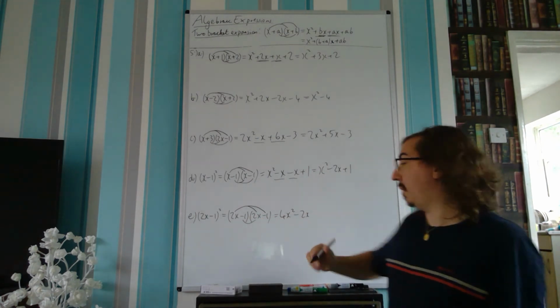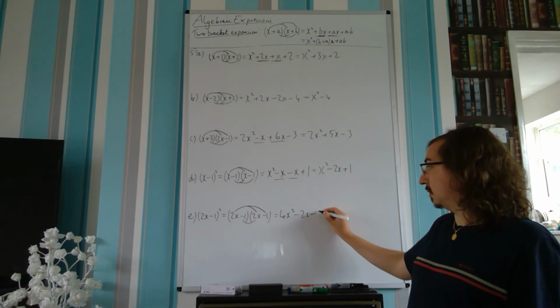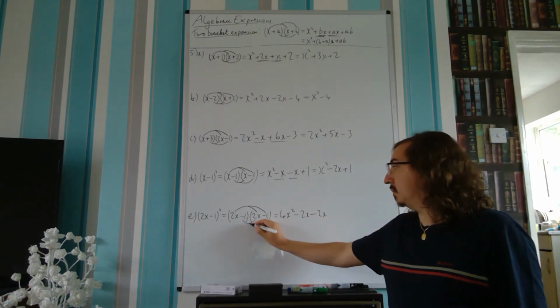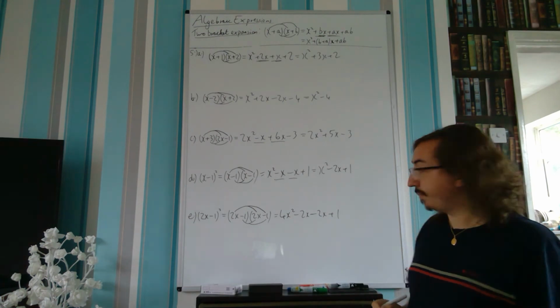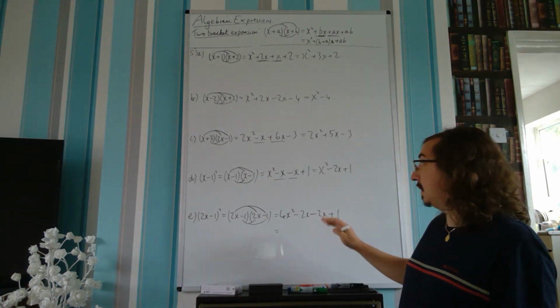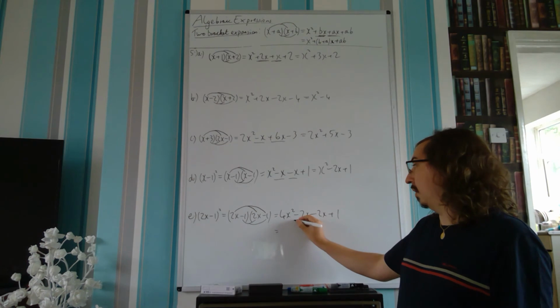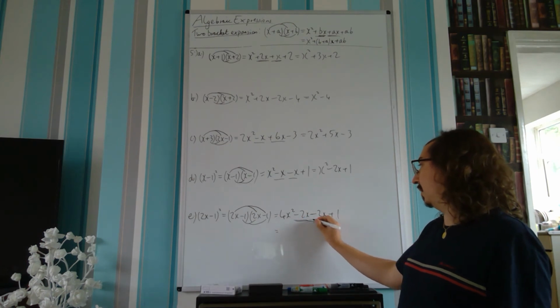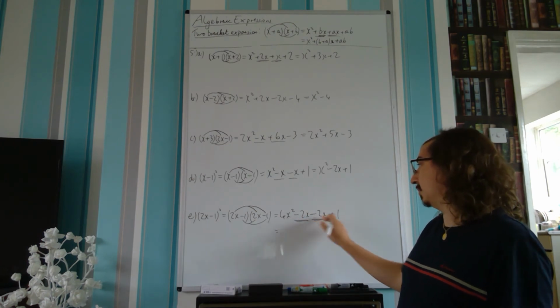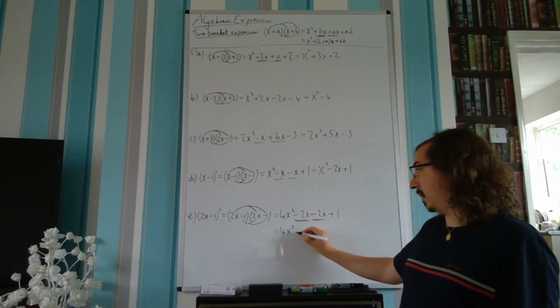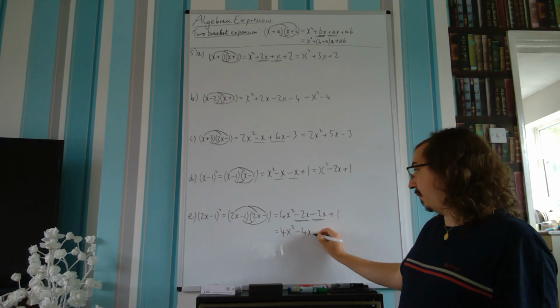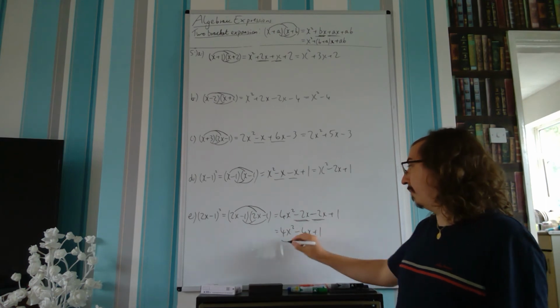Minus 1 times 2x is minus 2x. And minus 1 times minus 1 is plus 1. At this stage, just like with the others, we can collect our like terms together. So we have minus 2x and minus 2x there. So ultimately we have 4x squared minus 4x plus 1.